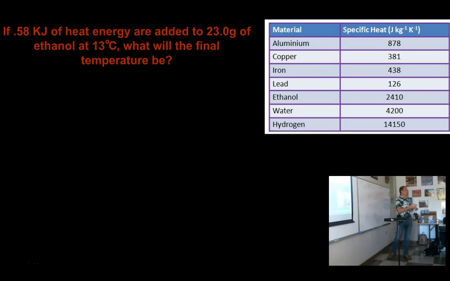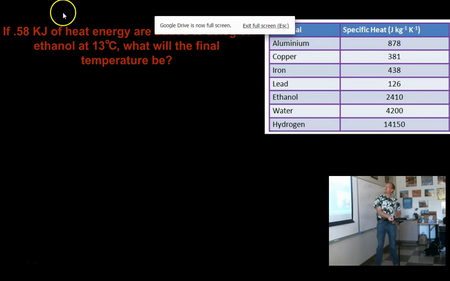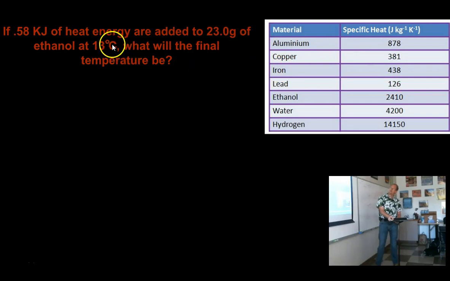I'm going to calculate the change in temperature based on the value for C and the mass of the ethanol that I'm using here. I've got a table of specific heat values. This is given to us in kilograms and degree Kelvin. I have degree Celsius. The width of a degree Celsius and the width of a degree Kelvin is the same. I don't have to convert.